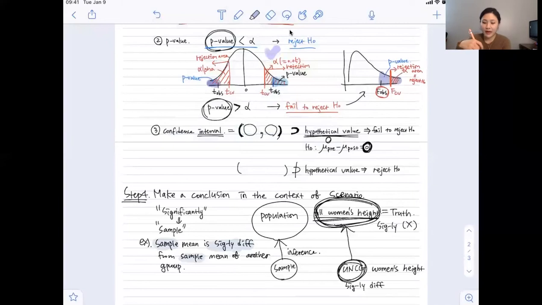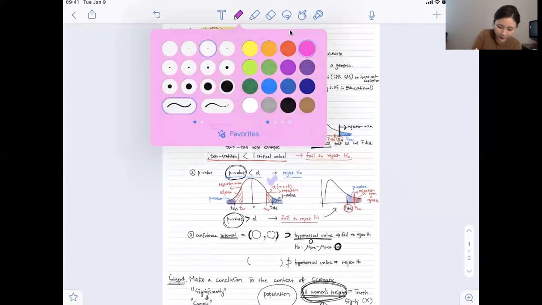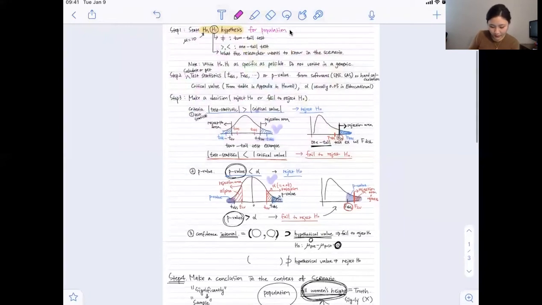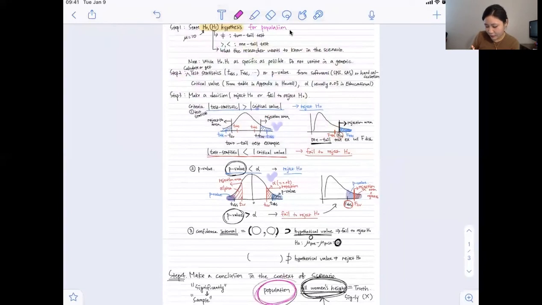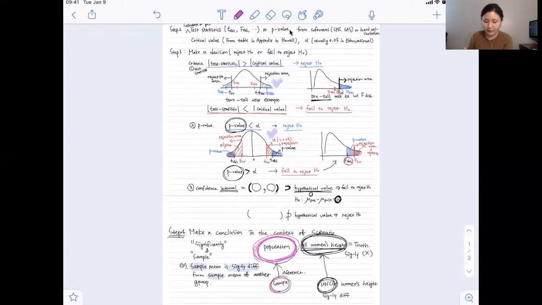I would like to add one more thing here. In the first step, when we state the null and alternative hypotheses, this is for the population. We want to know how the population is, for example, all women's height. But we only have data at the sample level. That is why we are doing a statistical test.